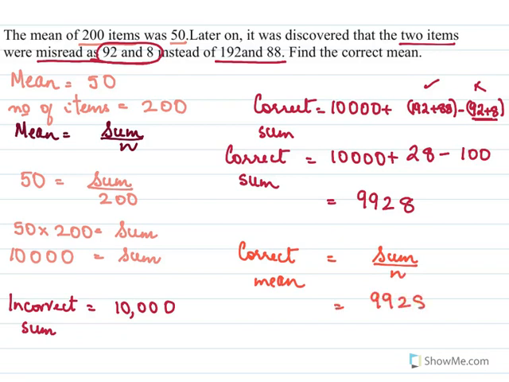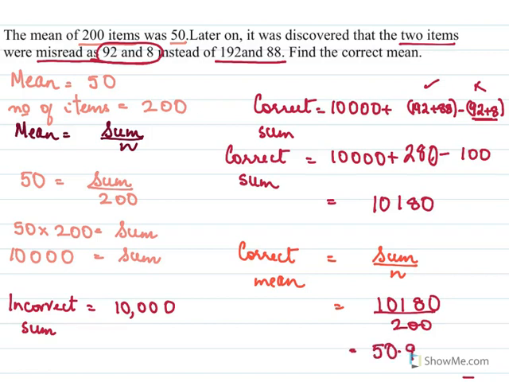Here's the mistake, and this is 280, not just 28. This is 280. So this total comes wrong. This total will be 10180. So this would be 10180 over number of observations 200, and the correct mean then comes 50.9.